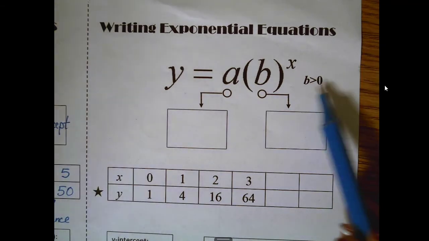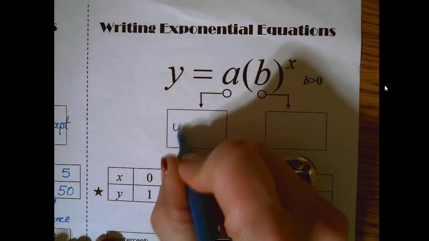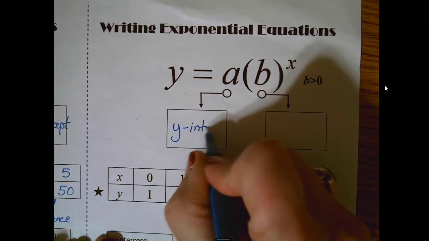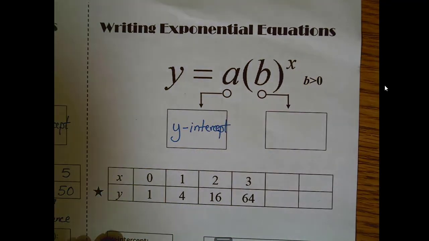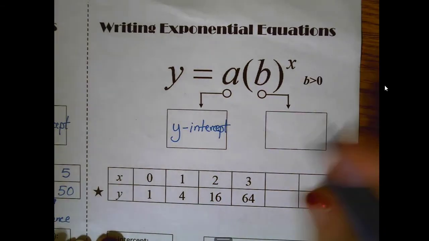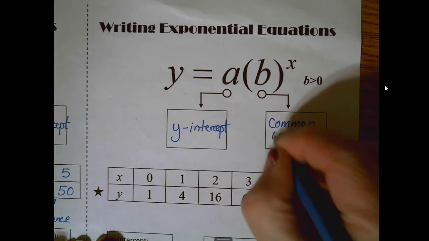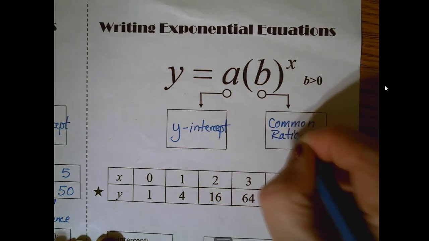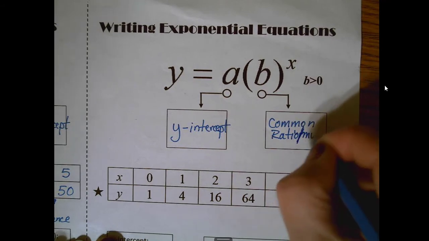So that's why I have that little side note there. Now, this time, the letter A, that is going to represent the y-intercept. So a little bit different from our slope-intercept on a linear equation. The B is going to represent your common ratio. Also we call that the multiplier.